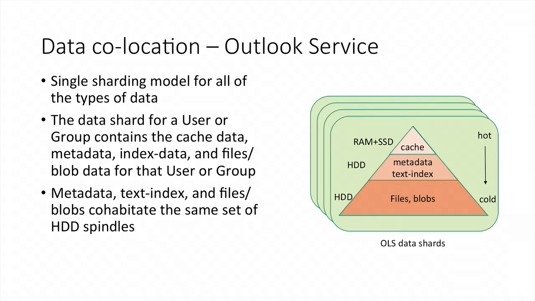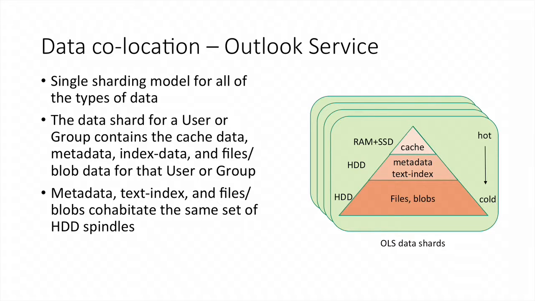So for a given shard, we will co-locate all the data, whether it is metadata, text index, blob data, reference data, I don't care, cache data. For a given user or for a given group, all the data is kept together on the same server. And with respect to the hard drives, we actually mix the cold and hot data and metadata on the same hard drive spindles.